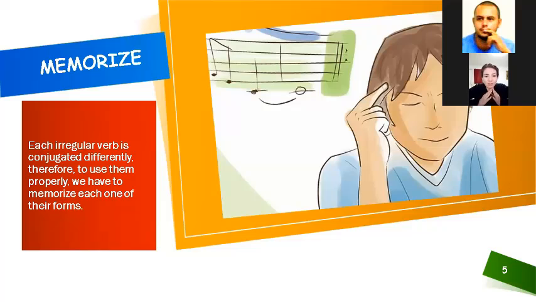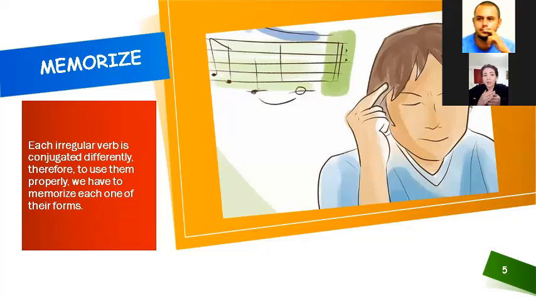Okay, each irregular verb is conjugated differently. Therefore, to use them properly, we have to memorize each one of their forms. When I say memorize them, I don't mean to be repeating and repeating them all day long.